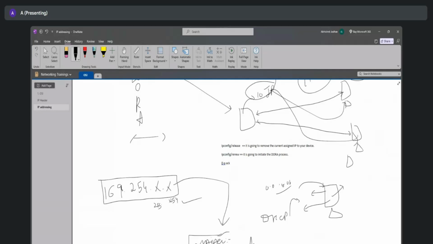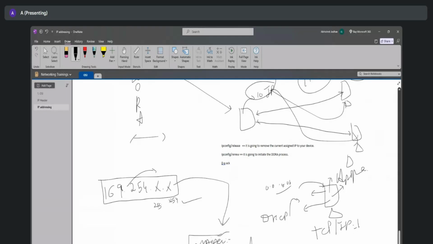So it automatically assigns an IP to itself, and this IP address is a known IP. By design, it is a known IP to everybody. So if 169.254.x.x with any number is here, then that means that device doesn't have an internet connection, and that device has gone to APIPA, right? So that IP address comes by default from the TCP/IP stack. Okay? There is no difference between any OS.